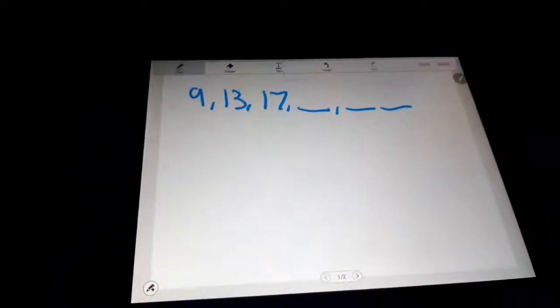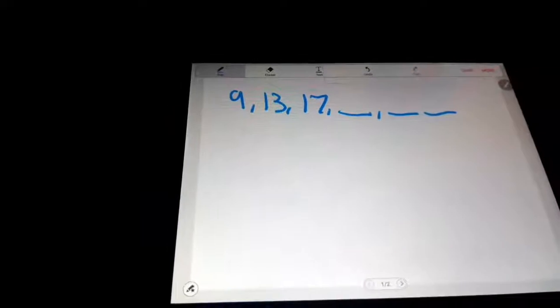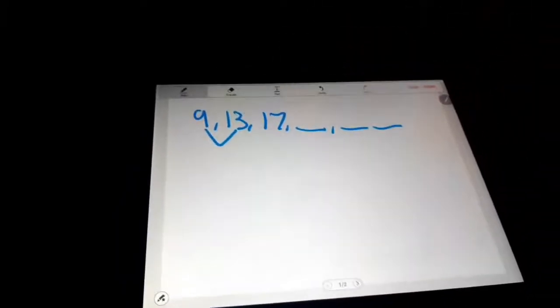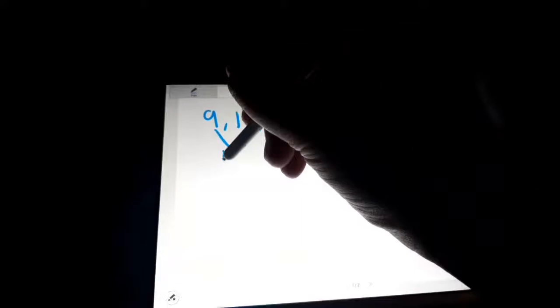So, paano makukuha yung terms na yan? So, una maintindihan mo yung unang dalawang terms. So, 13 minus 9 is 4. So, 4 ang ilalagay. So, ang 4 magiging common difference.